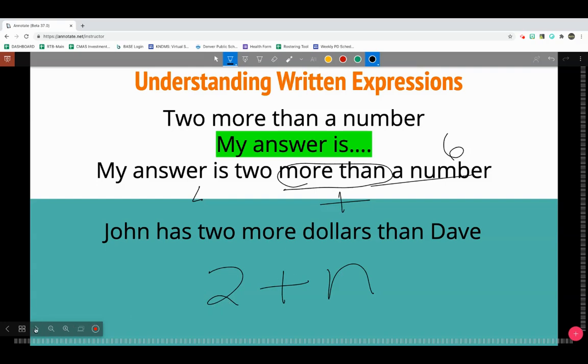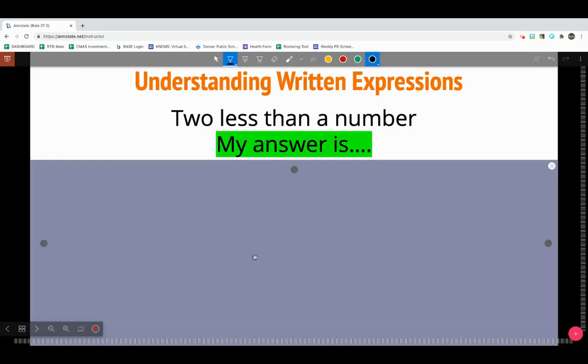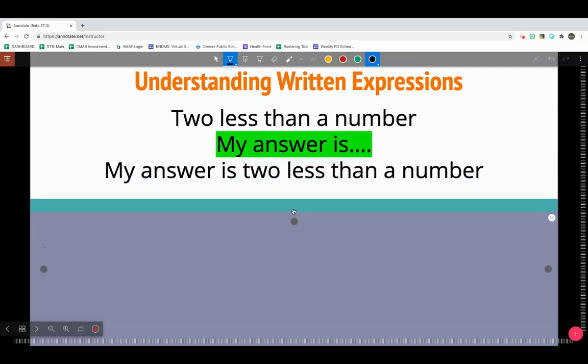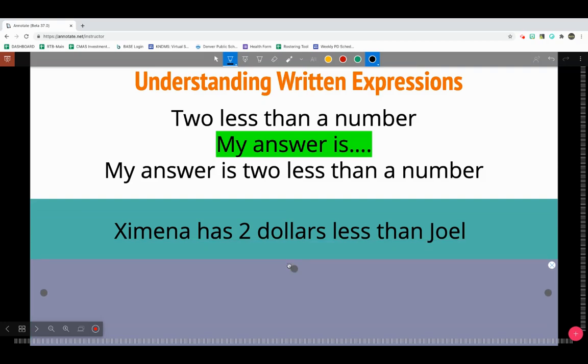Let's look at another example of this. 2 less than a number. Once again, I want to add "my answer is" in the beginning because it's referring to how to get your answer. So my answer is 2 less than a number. Let's also think about this in context. I'm going to use money as well. Jimena has $2 less than Joel.